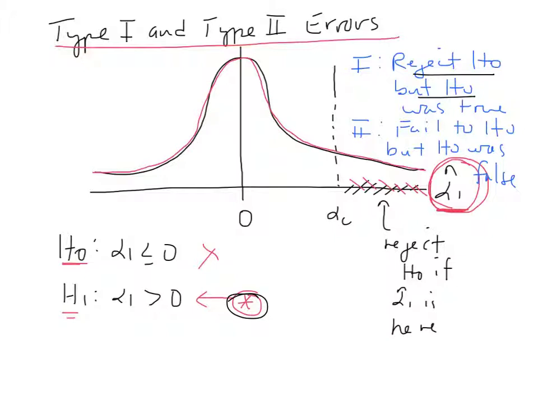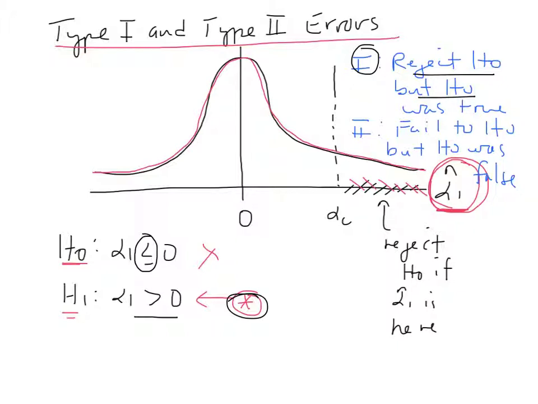but in fact, H0 could be true, okay? So we could have a true alpha 1 that is in fact less than or equal to 0, but we concluded based on our evidence that alpha 1 was greater than 0. That would be a type 1 error. Type 2 error would be the opposite of that in some sense.